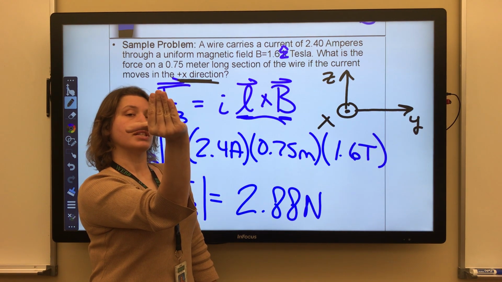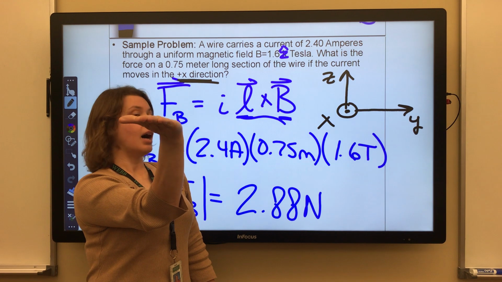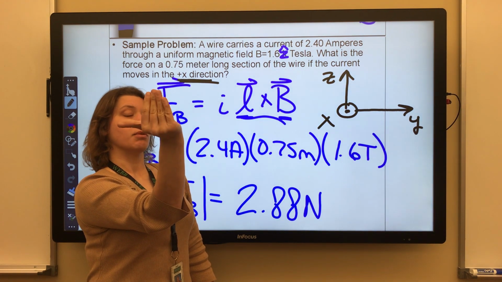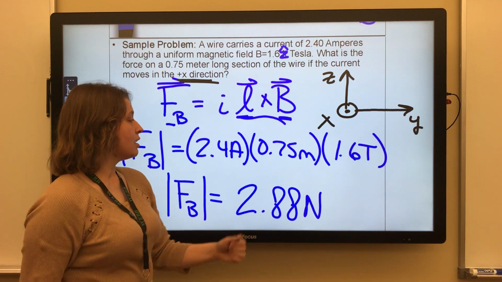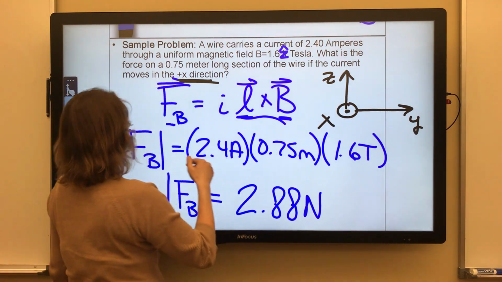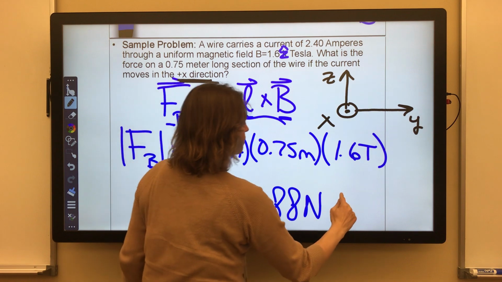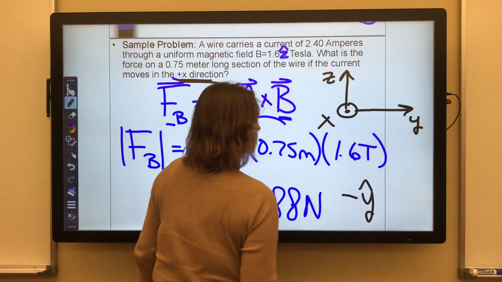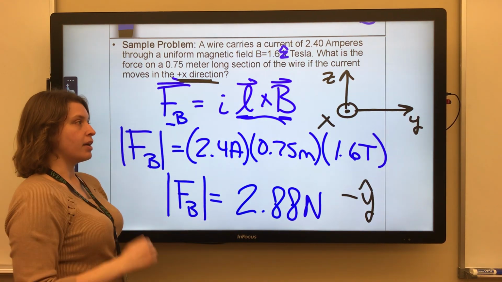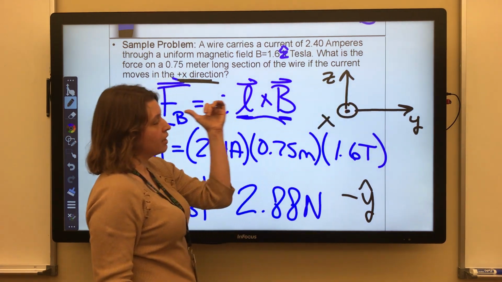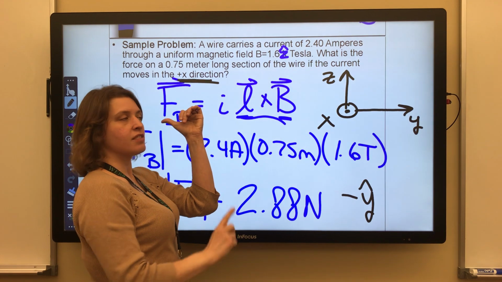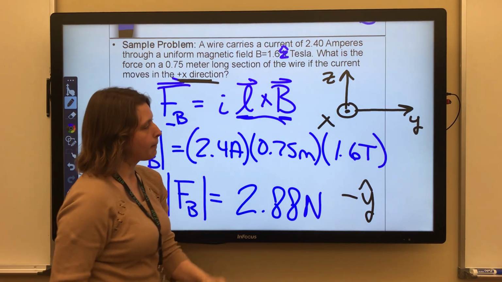Now I can curl my fingertips upward, so I've got L cross B, and my thumb gives the direction of the force on the particle. That means that our force is pointing in the negative y-hat direction. It's pointing this way. So this wire that's carrying current in this direction is going to be pushed in this direction in the presence of a magnetic field that points upward.